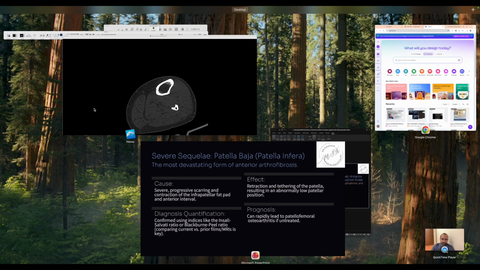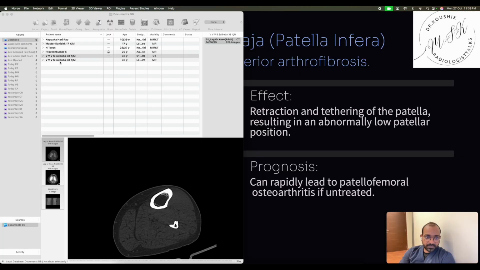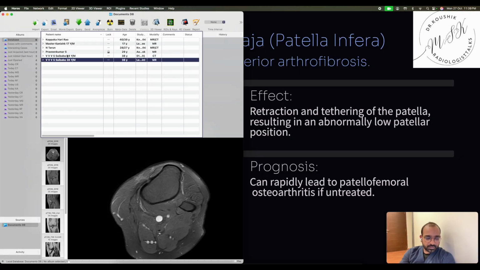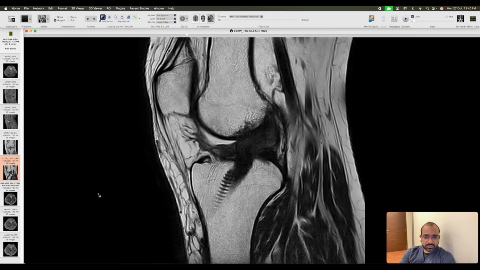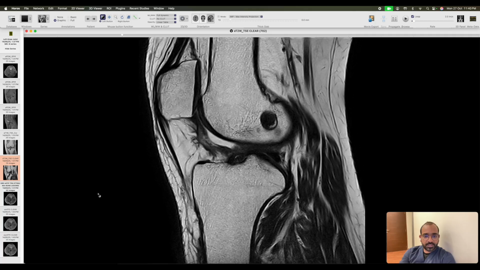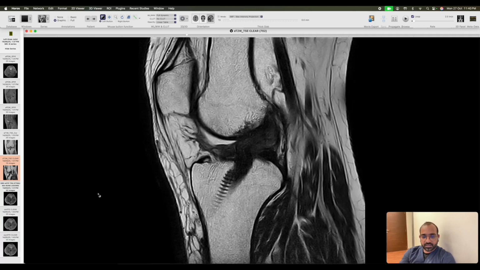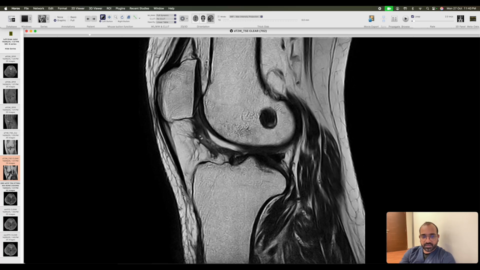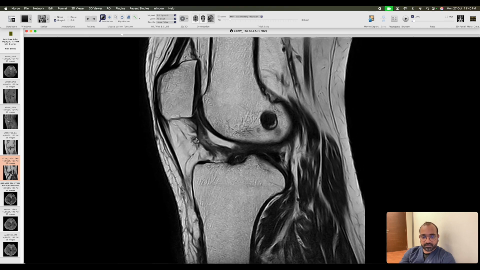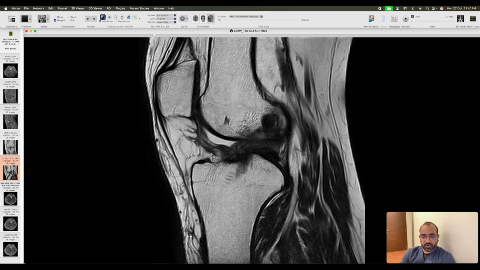If I show you a case here, this is a T2 weighted image. You can see there is degeneration of the graft as we discussed previously. If you see, this infrapatellar fat pad is all scarred, fibrotic.